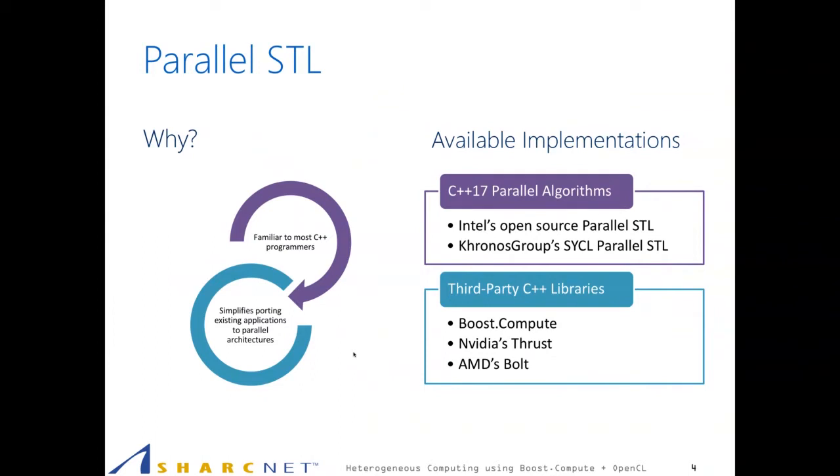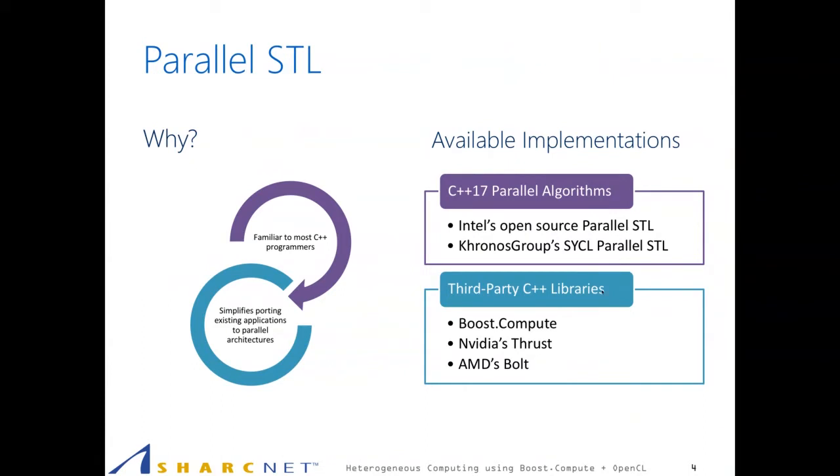Currently, there are 2 types of parallel STL available. One is C++17 parallel algorithms that is already there, but is waiting for some implementation. Actually, there is one working open source implementation from Intel that you can find at GitHub, and the other one is a SYCL implementation of parallel STL, again available at GitHub.